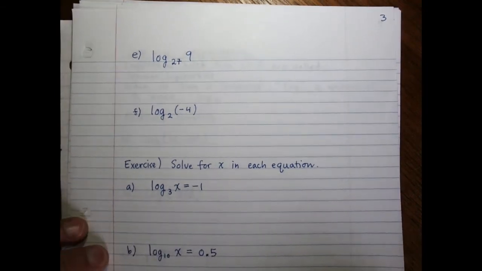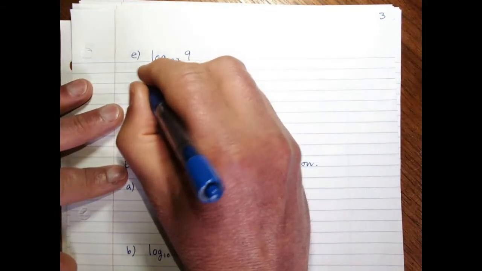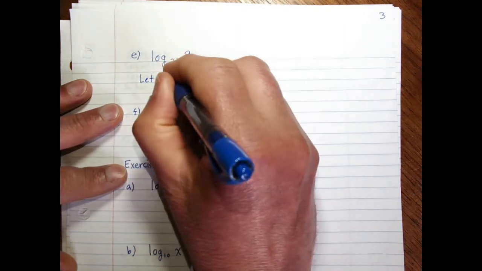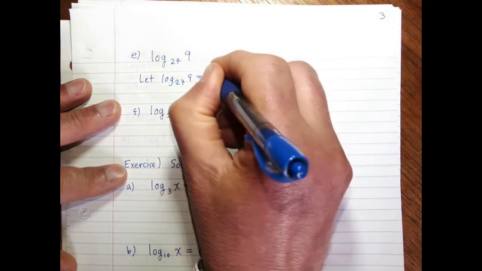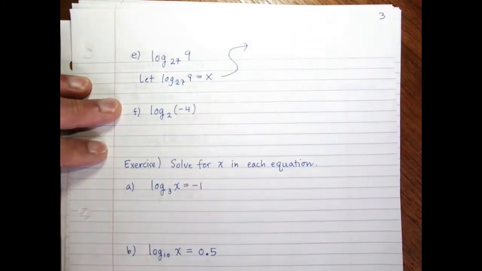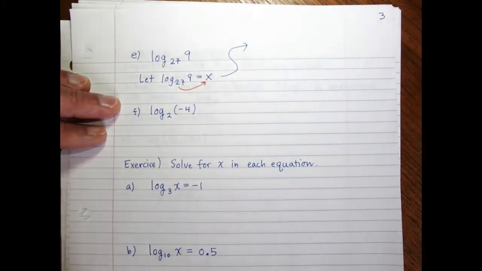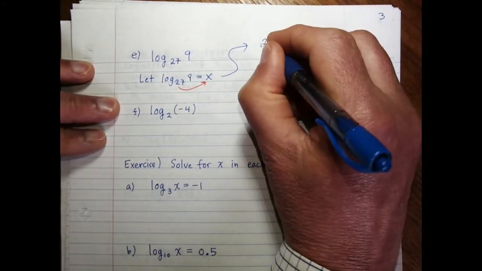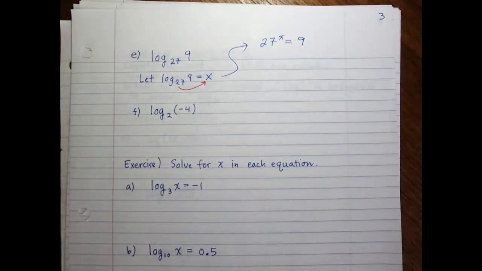Continuing with a couple more. Log base 27 of 9. So let's let log base 27 of 9 equal x. Then 27 to the x power has to equal 9.